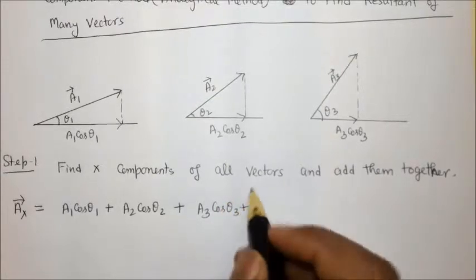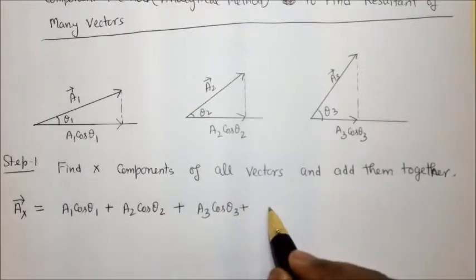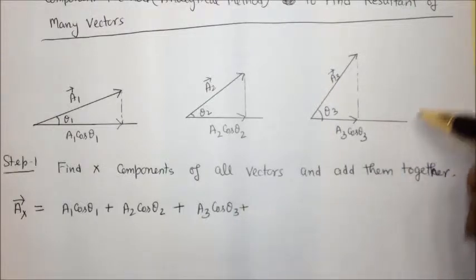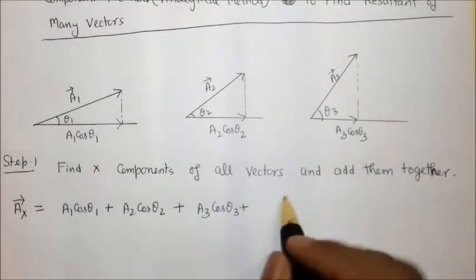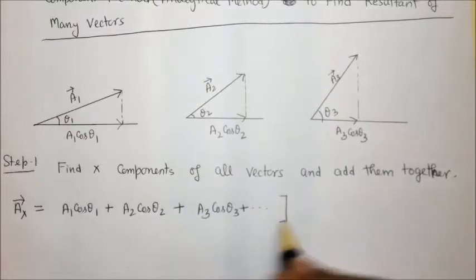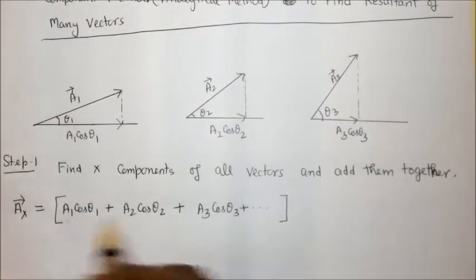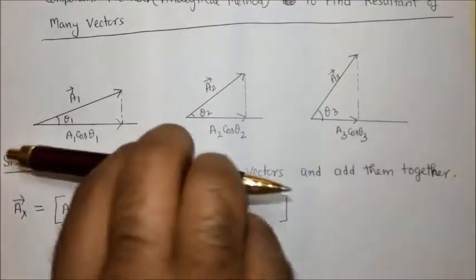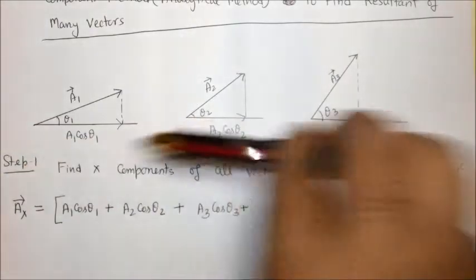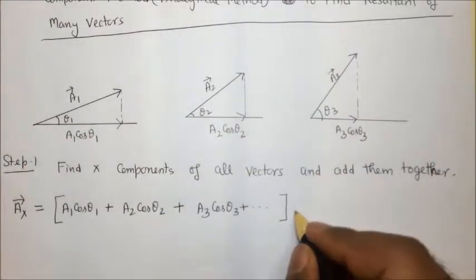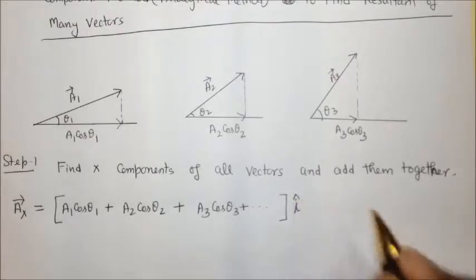And if you have many more, you can keep adding A4 cosine theta 4 if there is an A4 vector, and so on. The sum of all these works in the horizontal direction, and you can add unit vector i cap.